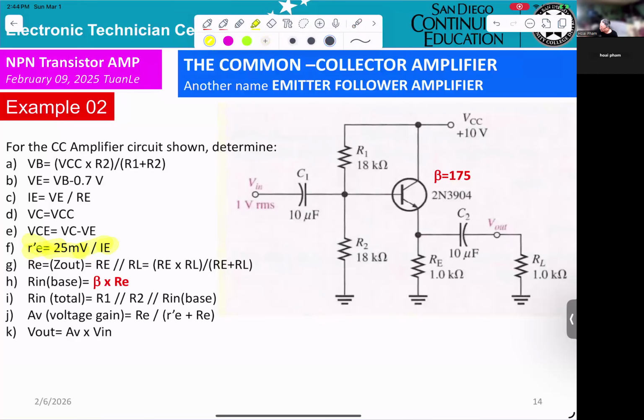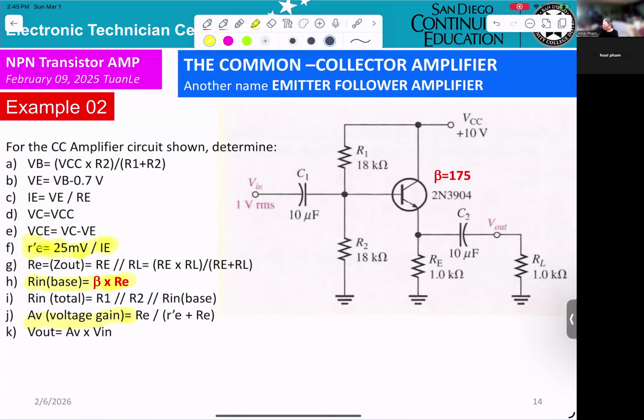Okay, R in base equals beta times RE. If you want to calculate the voltage gain, that will be RE divided by R prime E plus RE.